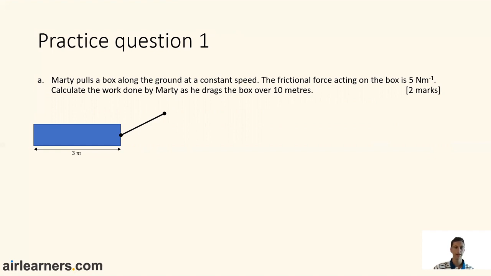All right, now that you've had an opportunity to do that question, let's have a look at the solution. The first thing is to use that formula from the previous slide: work is Fs, or force times displacement. And here's a little tricky bit. It says over here that the frictional force is 5 newtons per meter, and it's traveling at a constant speed. What that means is that the net force is 0.